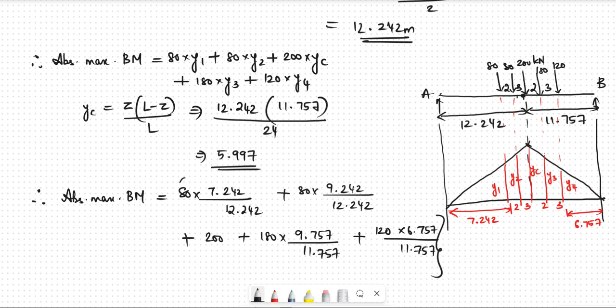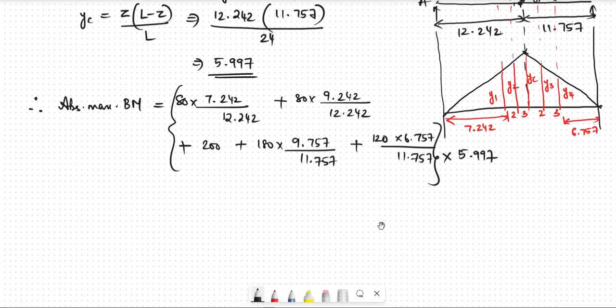This whole term is to be multiplied by 5.997, which is your yc. Simplifying this, you will get a value of 3154.82 kilonewton meter. This is the answer.